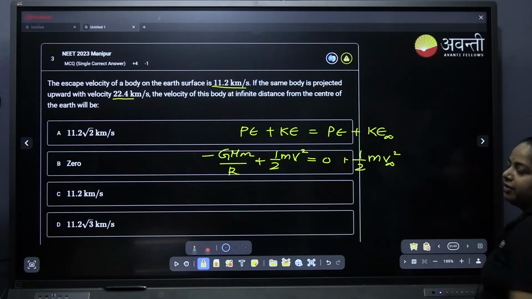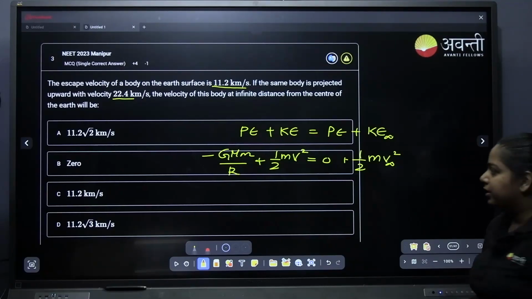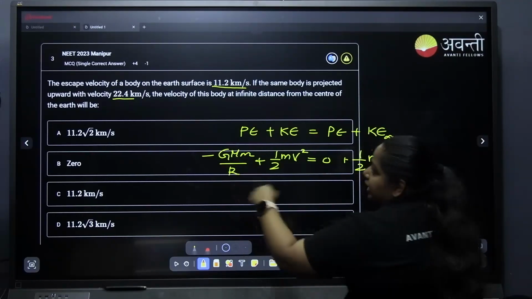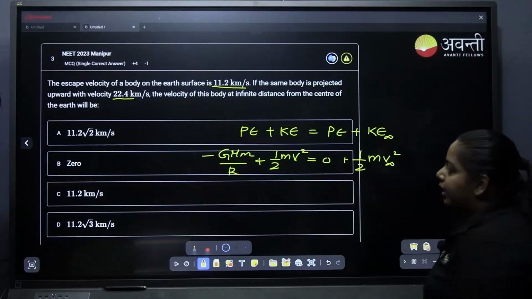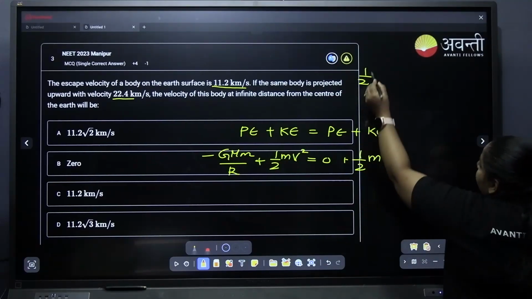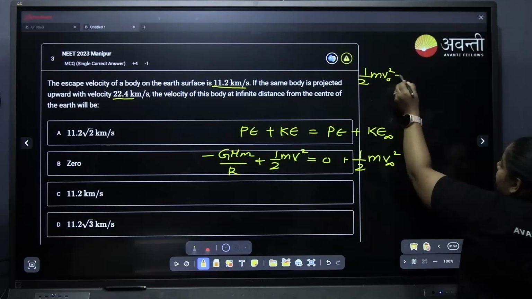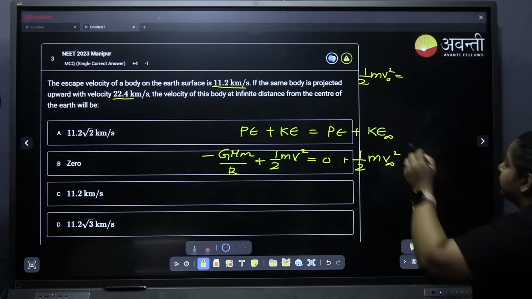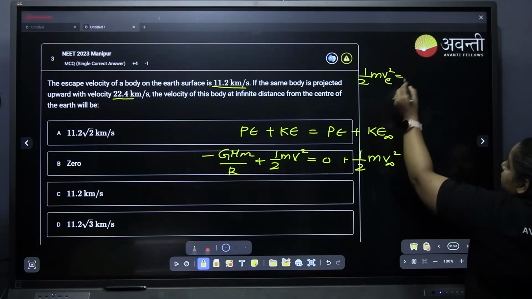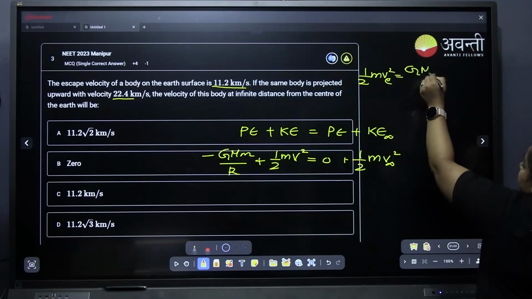Okay, v infinity we have to find. That is the question. Now, since other values are not given, can I write that half m v orbital, not orbital, sorry, half m escape velocity square is equal to GMm by R?